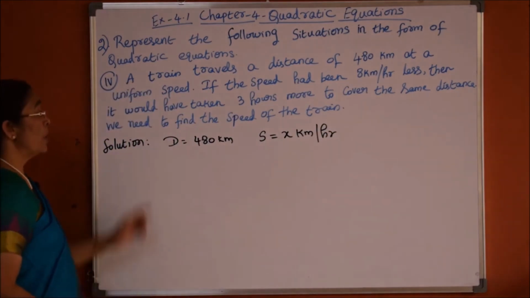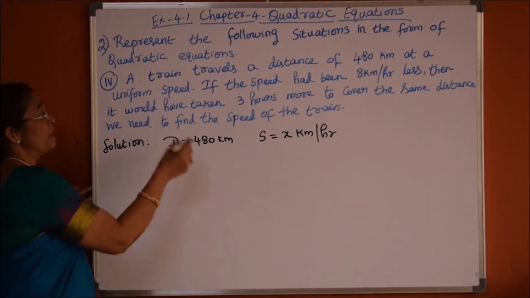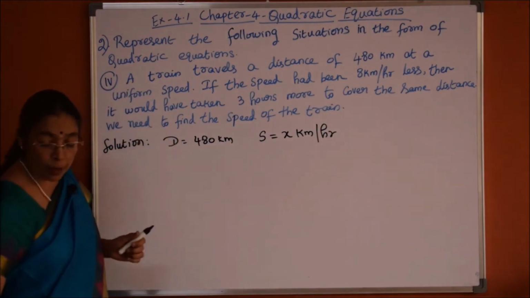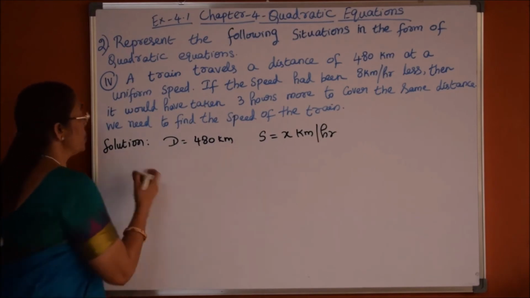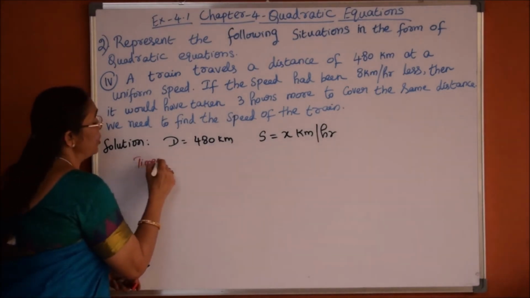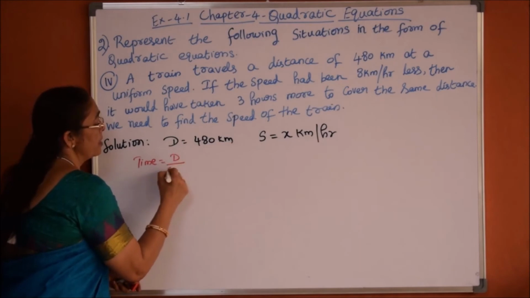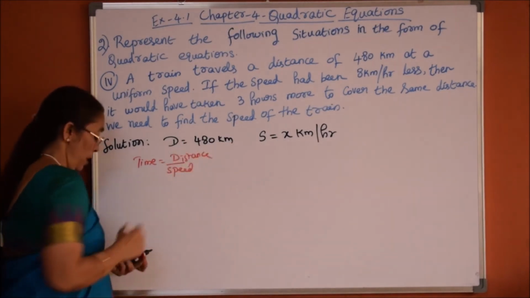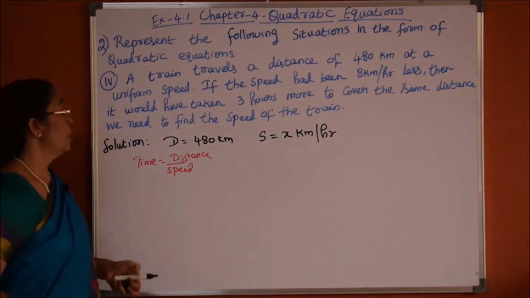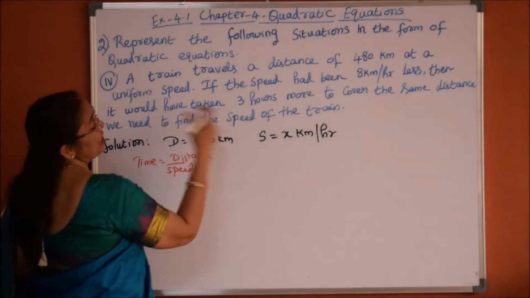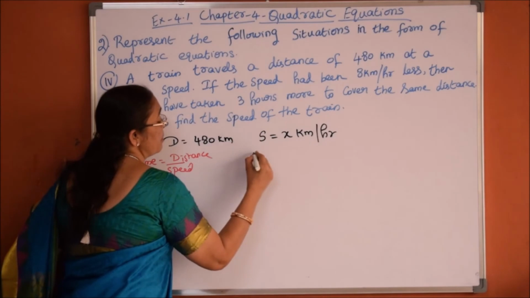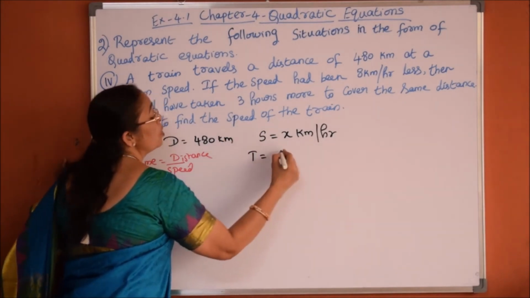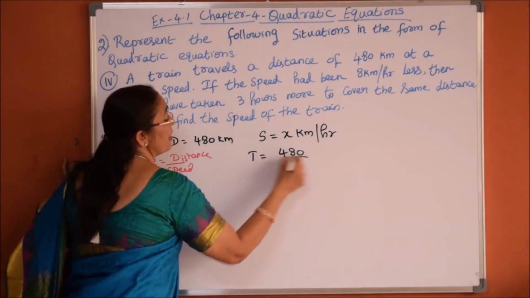Now what is the relation between distance, speed and time? You know the formula, time is equal to distance by speed. Using this, let us see the original time. The original time to reach the destination is distance by speed, so time is equal to 480 divided by x.